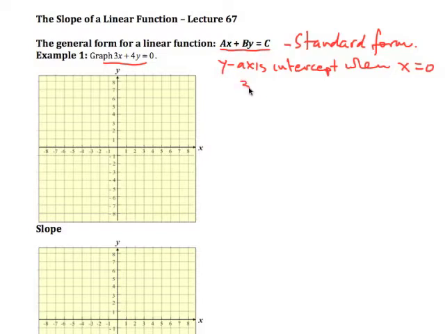So we say, well, 3 times 0 plus 4y equals 0. So I have 0 plus 4y equals 0, which of course implies that y is equal to 0. So it actually goes through the origin right here, which means that we can't find a second point because the x-axis intercept is also the origin. So we need another point.